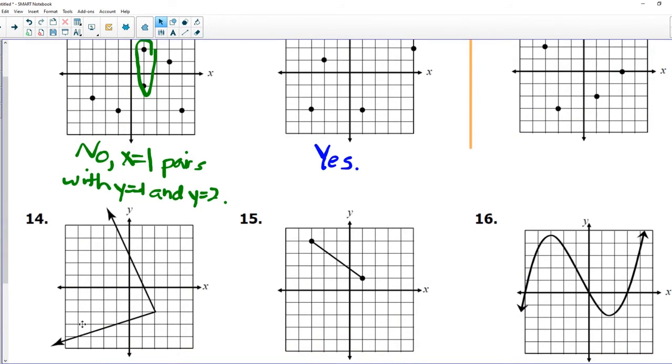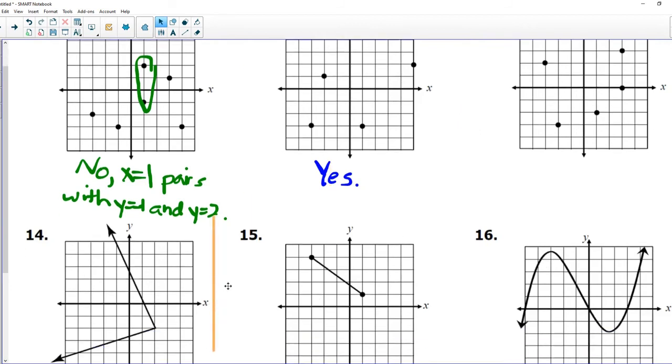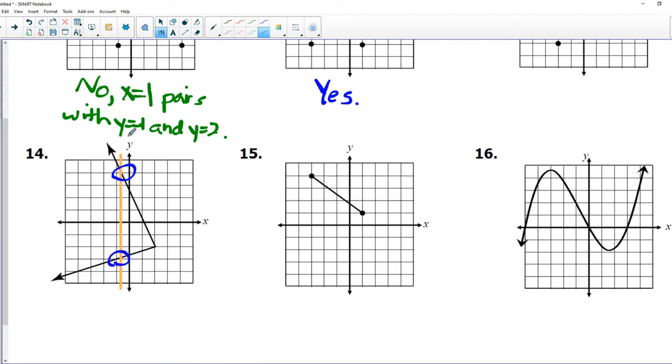These are called continuous because they're not points separated like they were for 11, 12, 13. Number 14, as I drag a vertical line, it looks like it's good here, but once we get to this point, it's going to touch a couple spots more than once. So you can see like here and here. And we can say no.